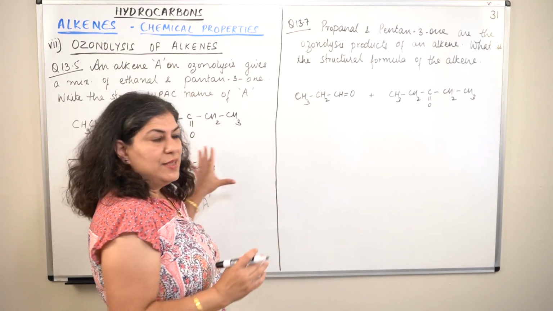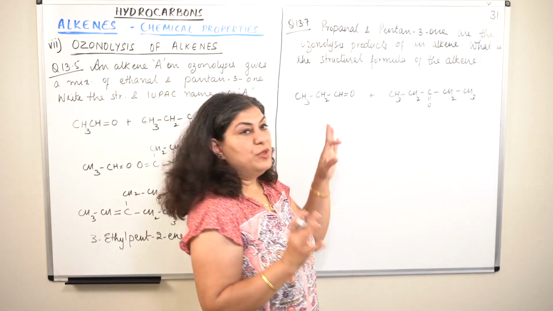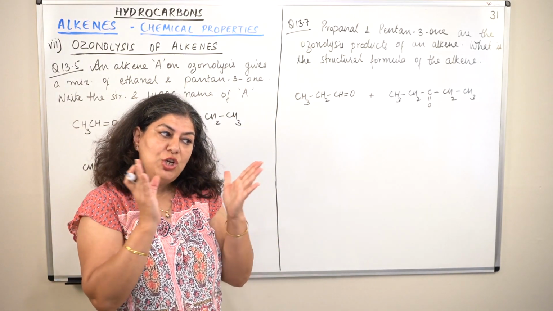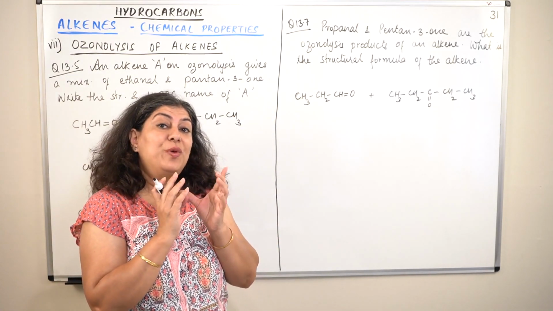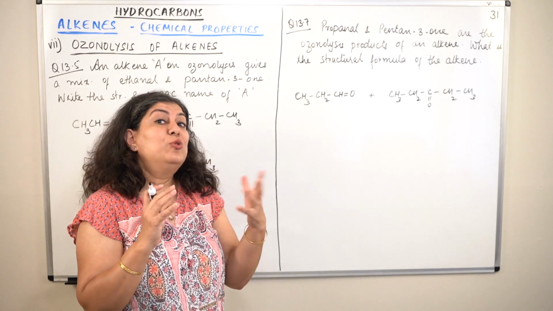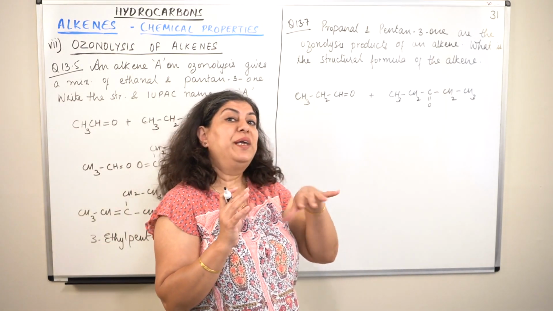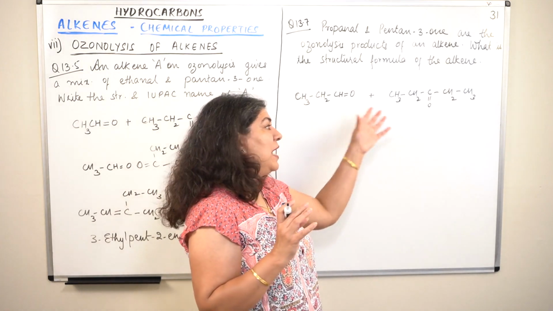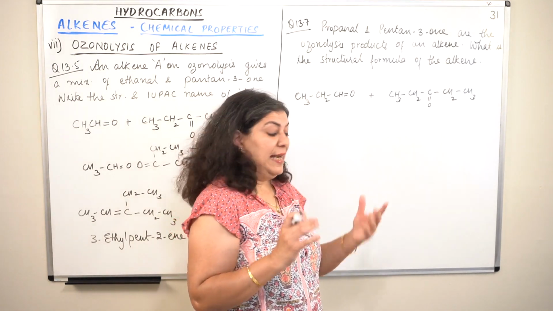Now, just as we did in this problem, I would like both the carbons which have the double bonds with oxygen to be adjacent, because that is what will give me the ozonide, and that is how I will be making the structure of the alkene.